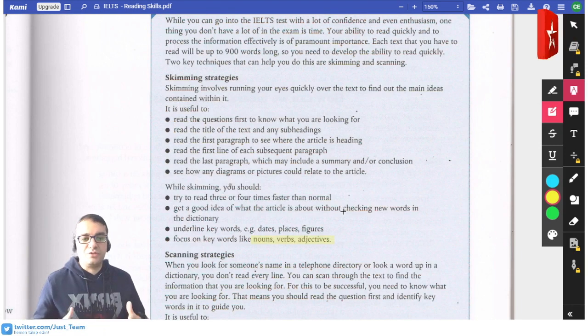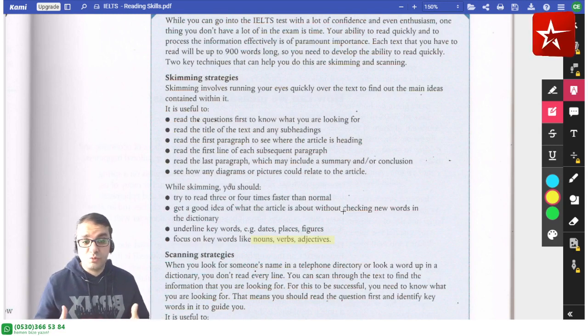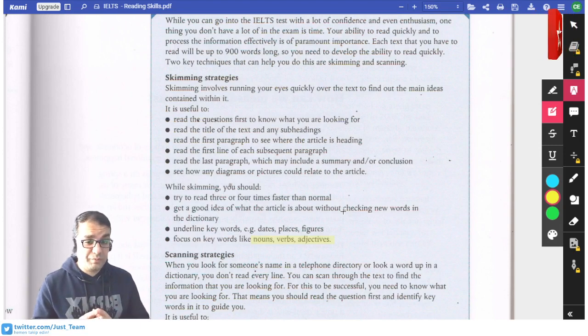Of course, we are working here to score 7 and 8. So you need to get a high score, because that's what is required from you. You need to get at least 25 out of 30 in the reading part. This is the most important part.